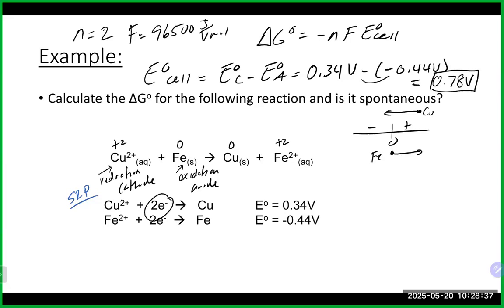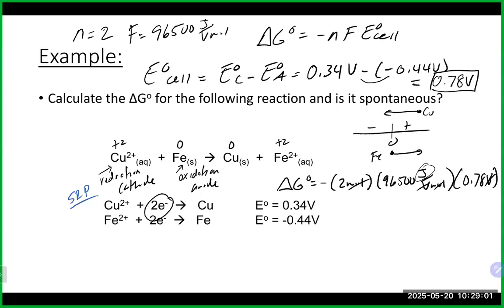So now we have everything we need to calculate delta G. Our delta G will equal minus our N, which is our 2 moles, our Faraday's constant, 96,500 joules per volt per mole, and our E of our cell, which is 0.78 volts. Volts are going to cancel, moles are going to cancel, going to leave us joules as our answer here.